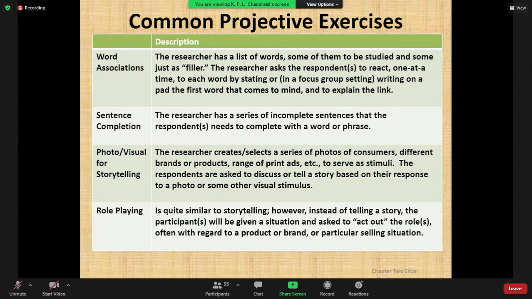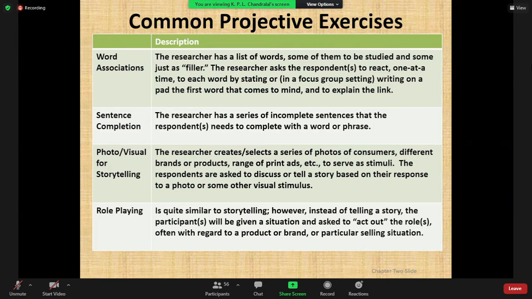Right. You can relate all these with the third party technique, but even a word association. For example, in a restaurant, you give a list of words like fast food, soft drinks, light diets. So, for example, fast food, what comes to the participants' mind first? They can write what comes.